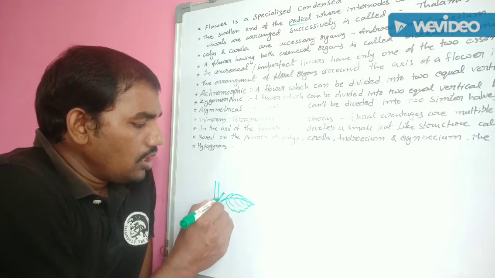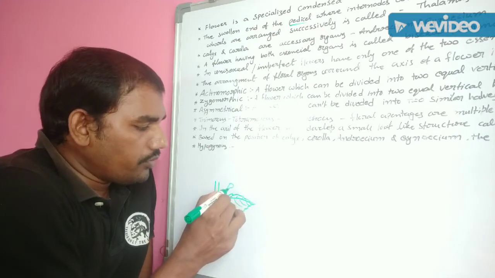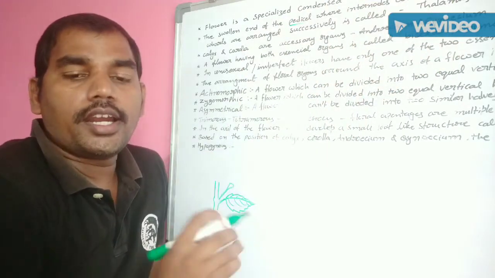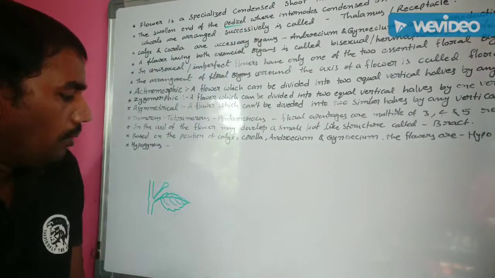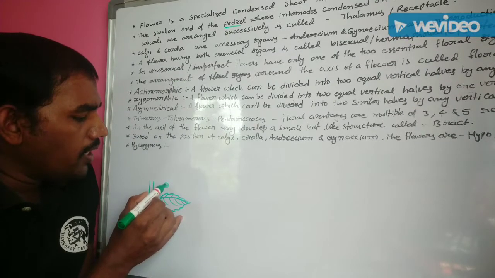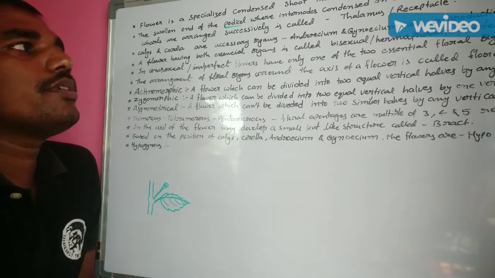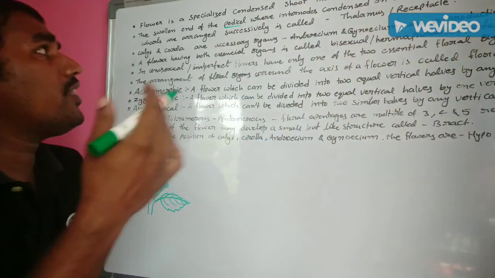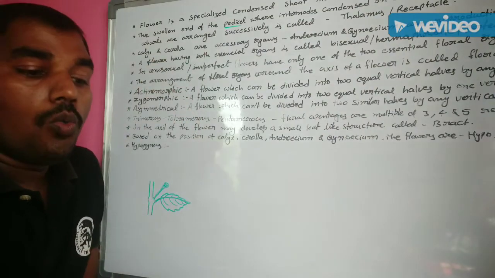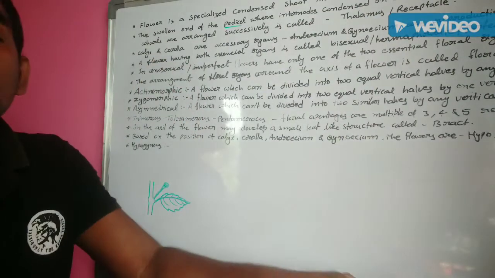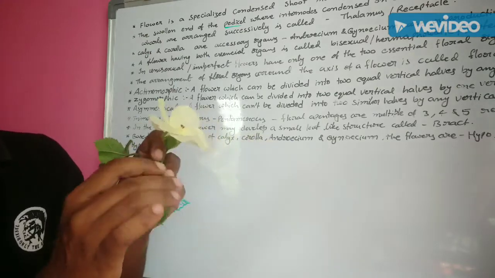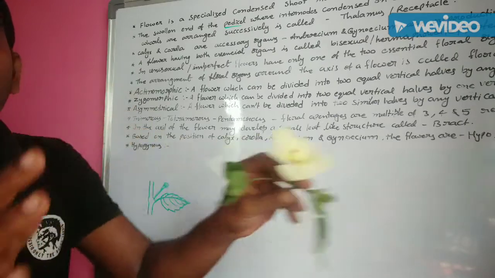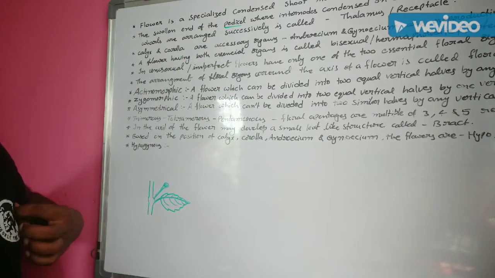The swollen end of the pedicel is where the internode is condensed, and a swollen place is visible. On it, four different whorls are arranged. What four different whorls? The first is calyx, green color; corolla; androecium, anther; and gynoecium. These are the four parts.